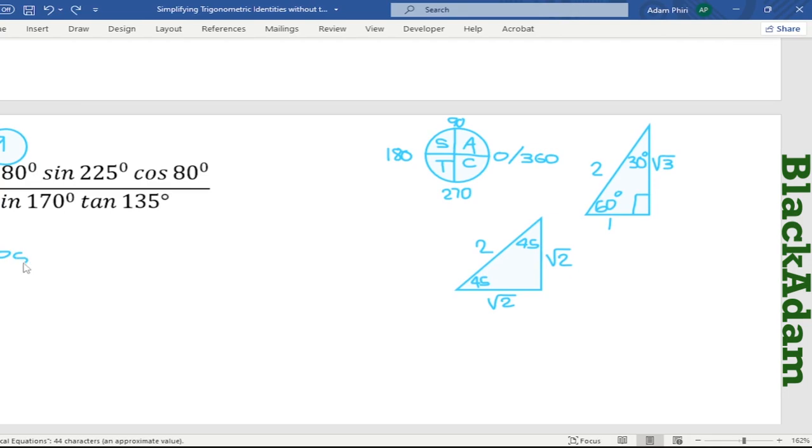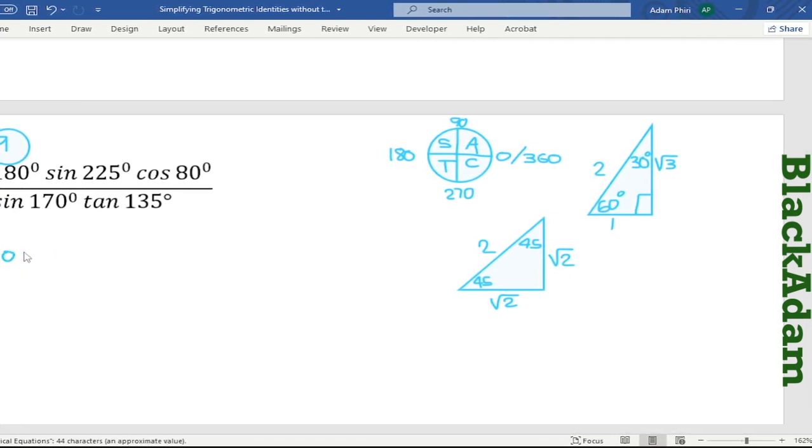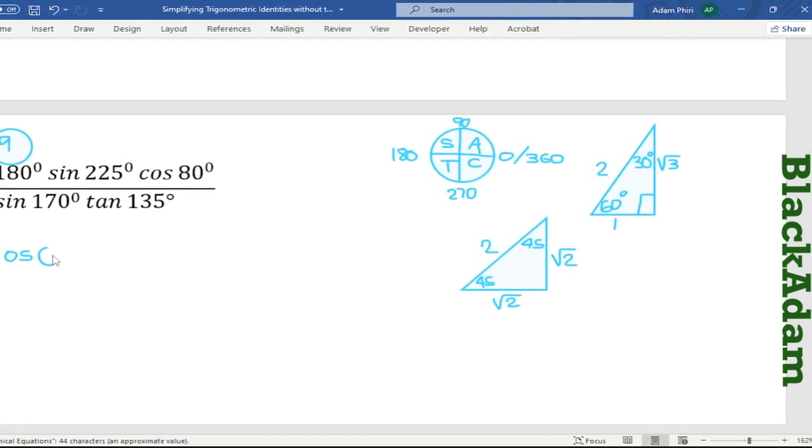Trigonometric functions without calculator evaluation.